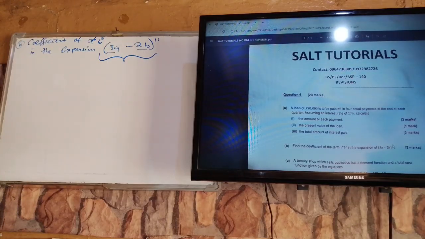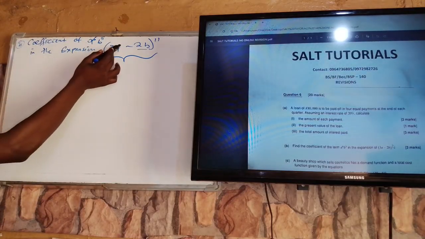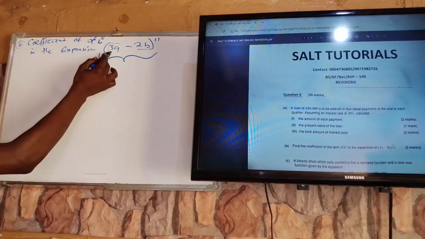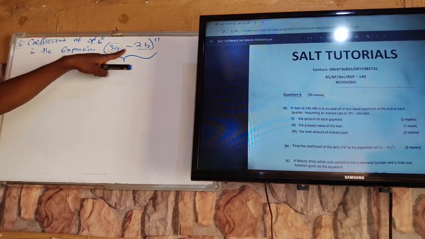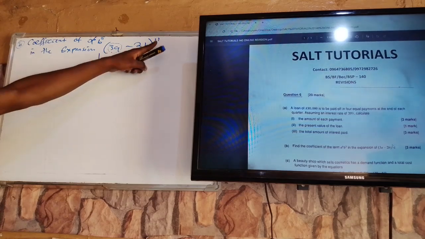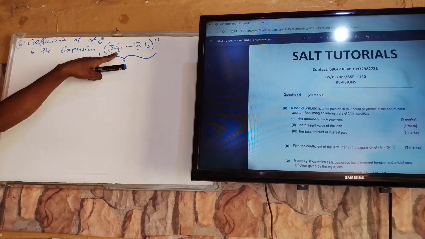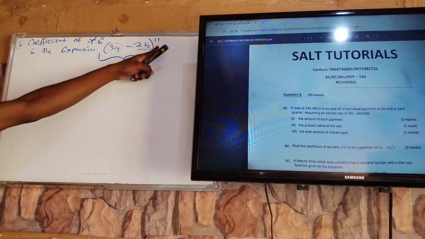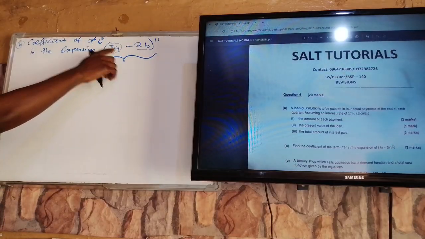Implying that the first term, 3a, has decreasing power starting from 11. So 3a will have the power of 11 in the first term, and it will continue to decrease until it reaches 3a power 0.